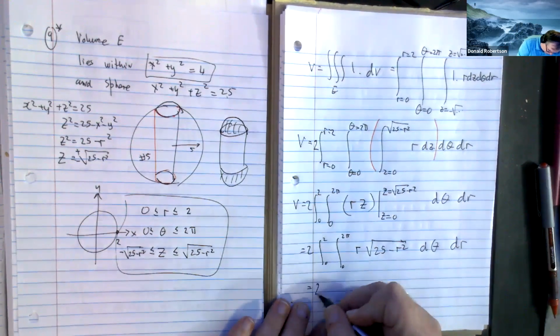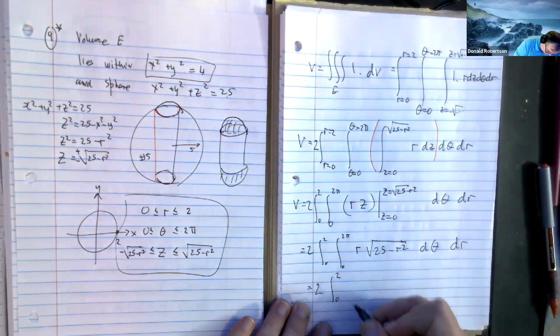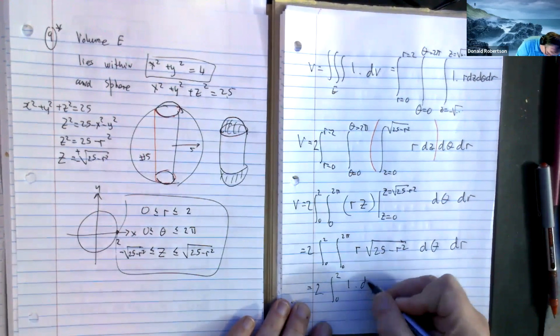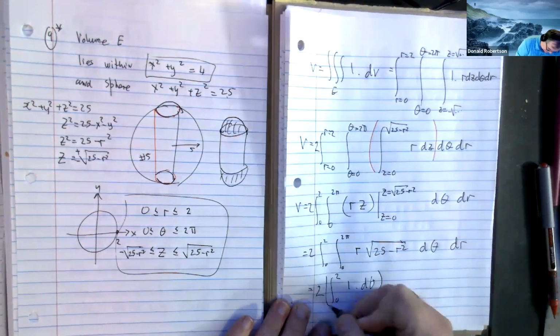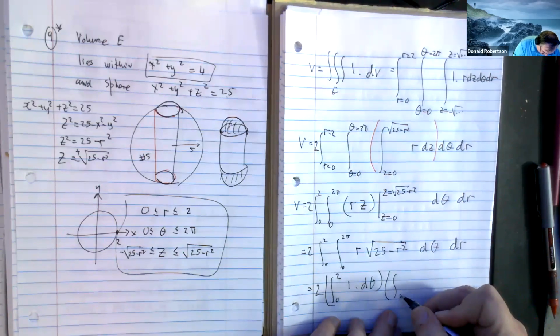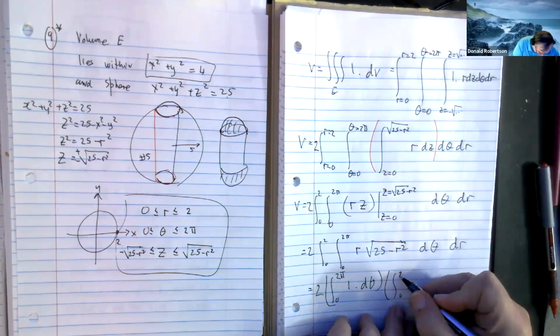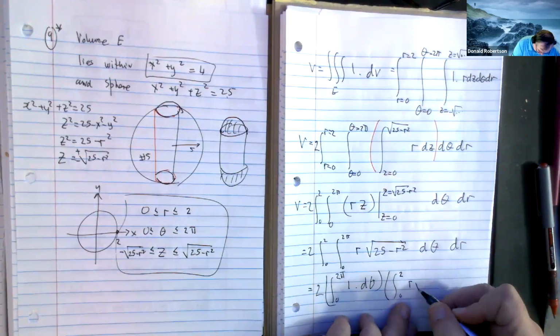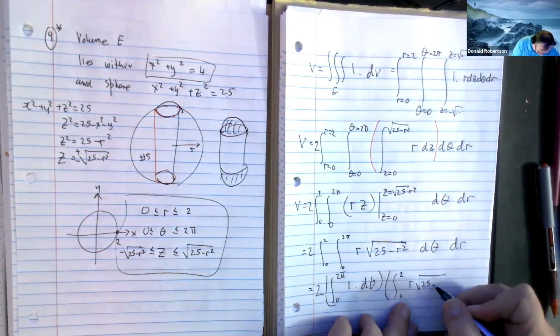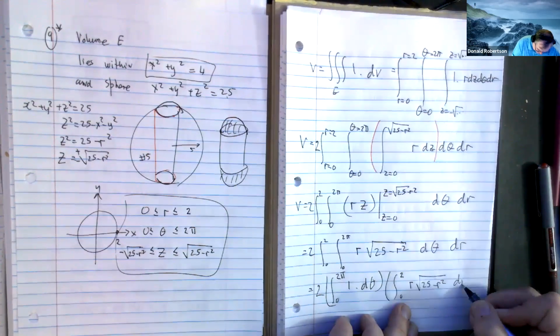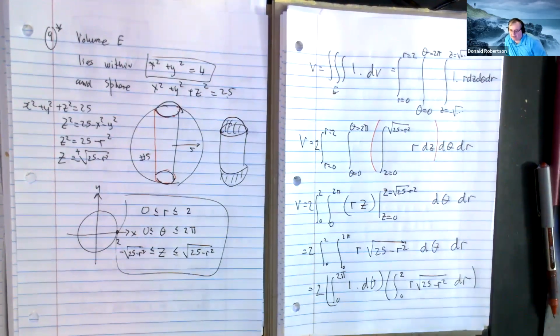So it's going to be 2, the integral from 0 to 2 pi of 1 d theta, and then the integral from 0 to 2 of r times the square root of 25 take away r squared dr. Right, at this point I'm going to stop.